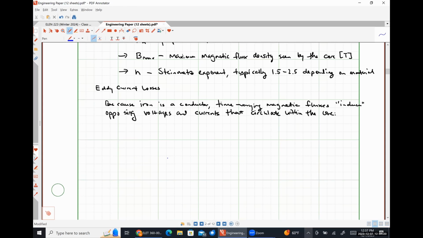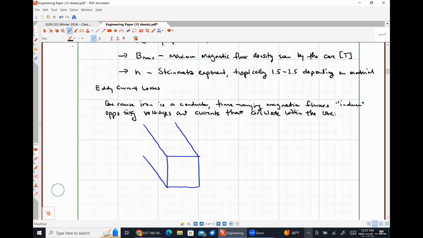So I'm attempting to draw just kind of like a rectangular rod of material. So this blue thing is our core.